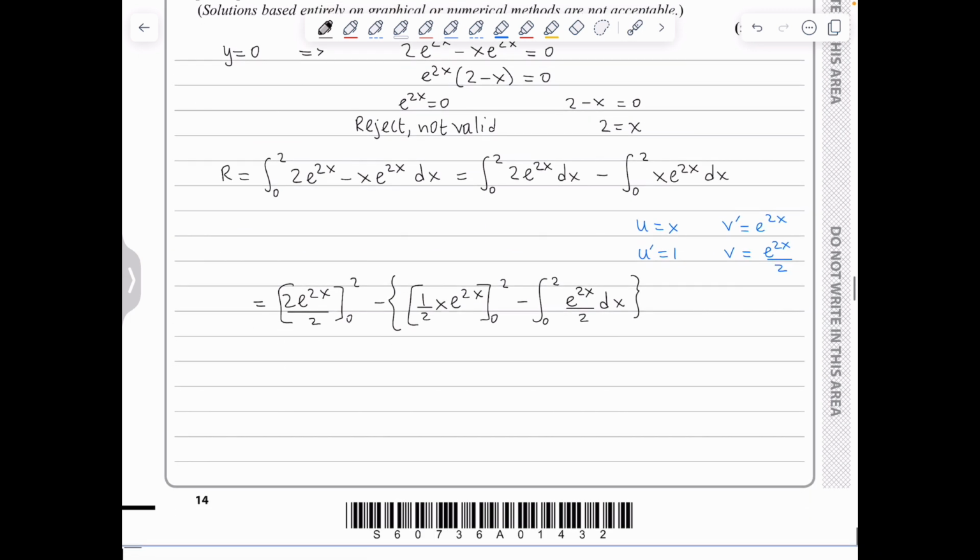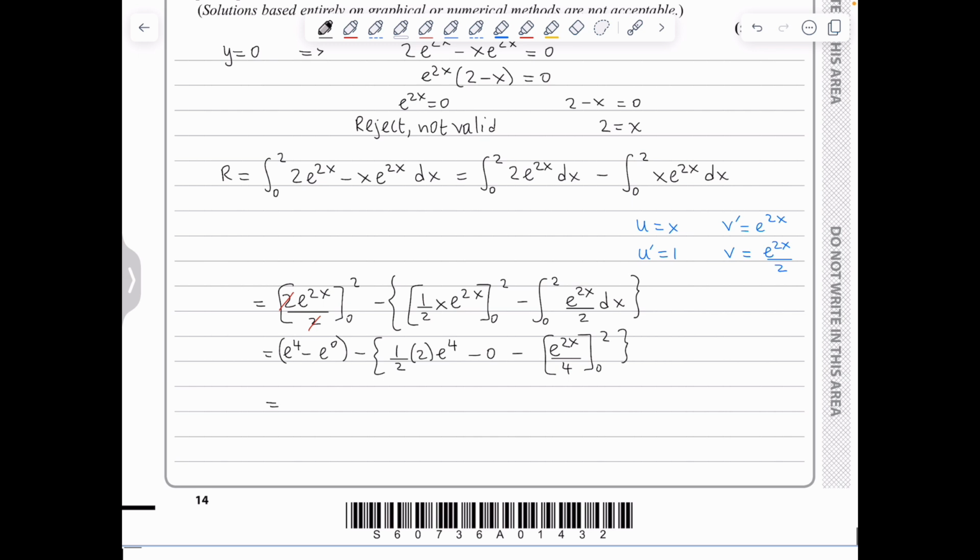The 2 with the 2 here will cancel out, and if I substitute, I get e to the 4 minus e to the 0. And then for this part here, if I substitute 2, I get a half times 2e to the 4 minus 0 minus, well, the integral of e to the 2x over 2 will give me e to the 2x over 4, because I need to divide by 2, from 0 up to 2.